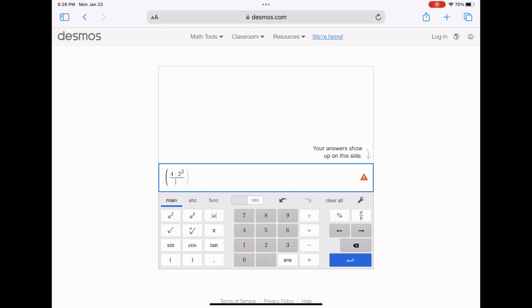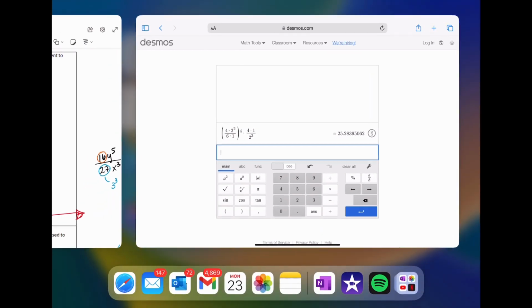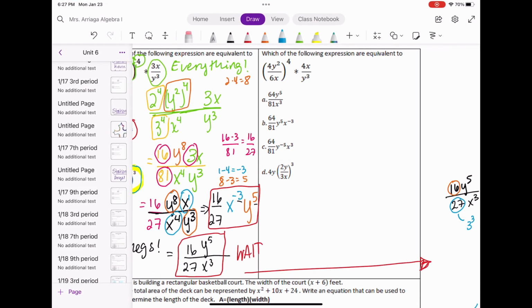So here I'm just plugging my original. For y, I plugged the 2, and for x, I plugged the 1. So just make sure that every y gets a 2 and every x gets a 1. And I get 25. So that top is going to give me 25.28. Doesn't matter, around 25.